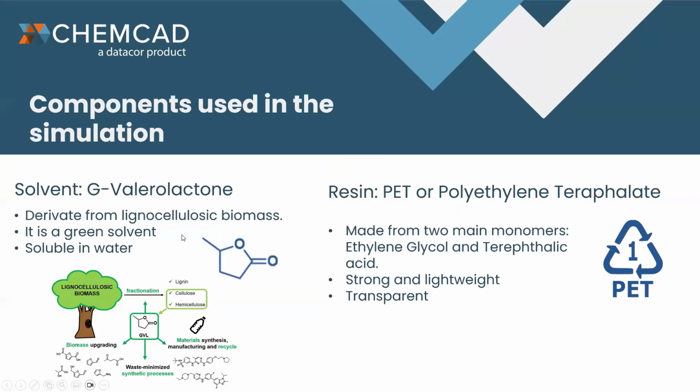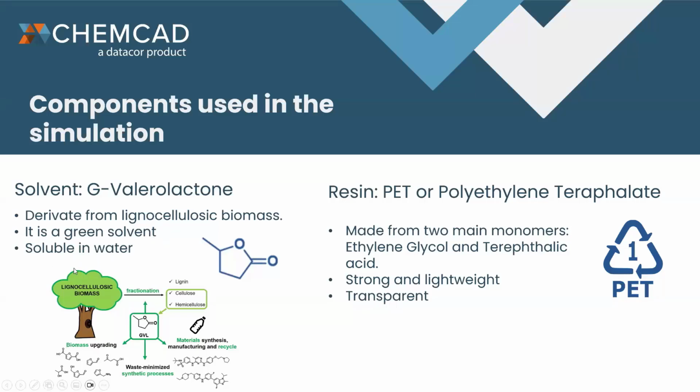Let's talk a little bit about the components that we use in the simulation. As I previously said, we use gamma valerolactone as the solvent for this simulation. This component is in the CHEMCAD database. It's derived from lignocellulosic biomass, and it is a green solvent.